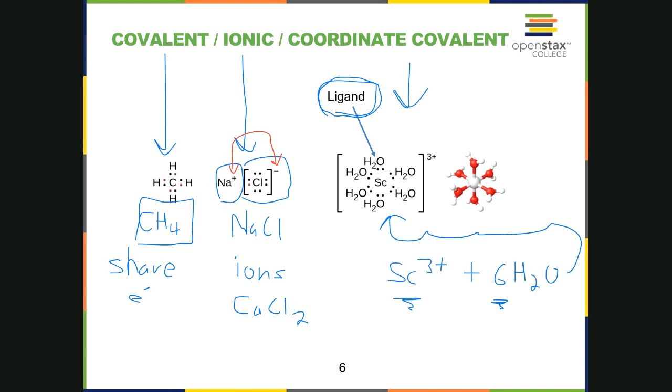And it mostly comes from the shape of what can be produced. Or also it comes from the size. You know, how many waters can we fit around a scandium cation?